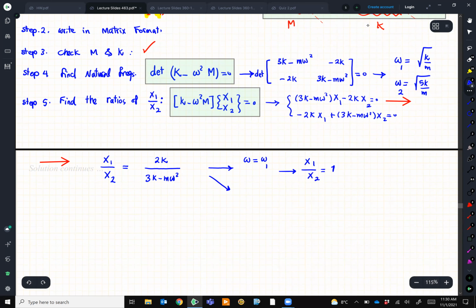And one time, just substitute omega 2, and find x1 over x2, which is minus 1. But somebody please check to make sure these numbers are correct. Okay.